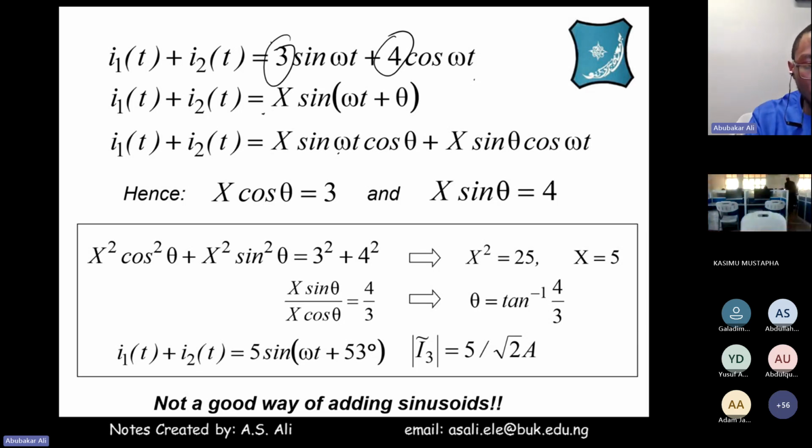Now you will end up with these squares. So if I sum these squares, x squared cos squared theta equals 3 squared plus 4 squared, right?